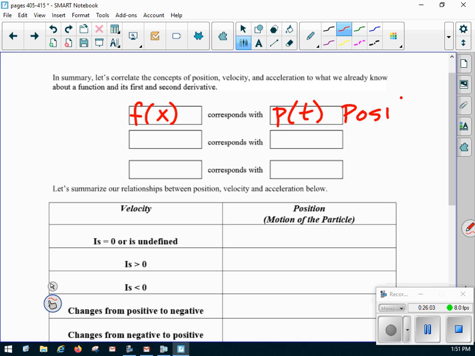And remember, when we are doing position, velocity, acceleration, we use t for time. We do not use x. F prime of x corresponds with velocity v of t. P prime of t.